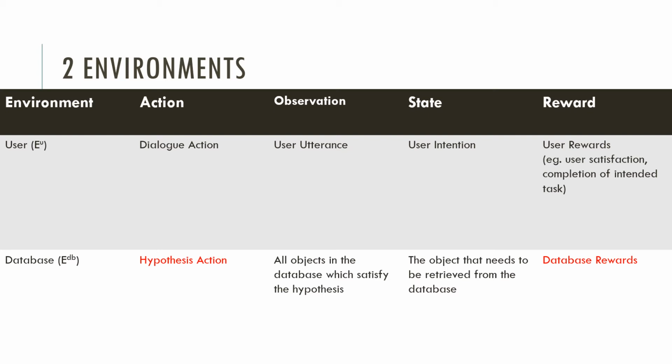Remember, in the new pipeline, they're not too concerned with the natural language generation. So we're just worried about outputting the right dialogue action, and then we'll assume that the natural language generation part is taken care of. Observation, of course, is the user utterance, what the user inputs into the system in terms of natural language. The true state would be what the user intends, and the rewards would be, for example, user satisfaction or the completion of the intended task, what they call the user rewards.